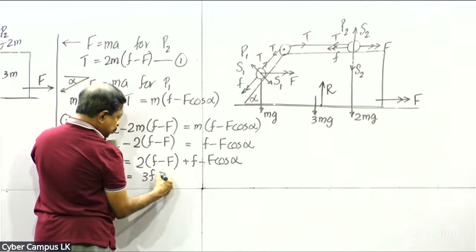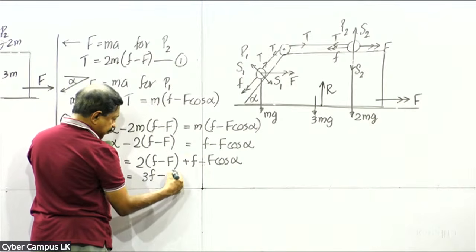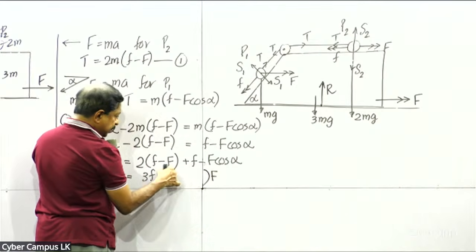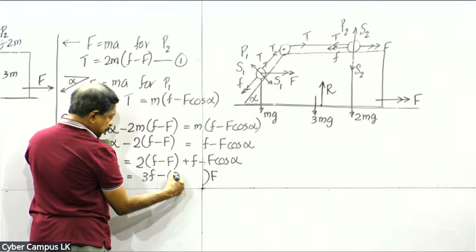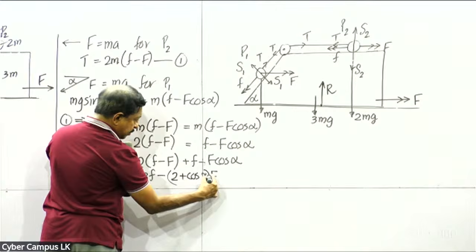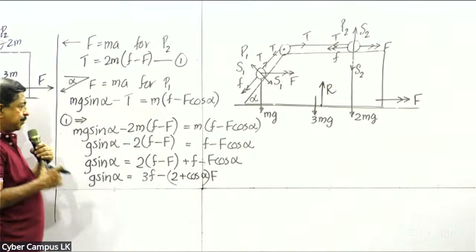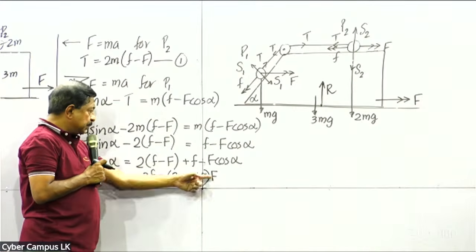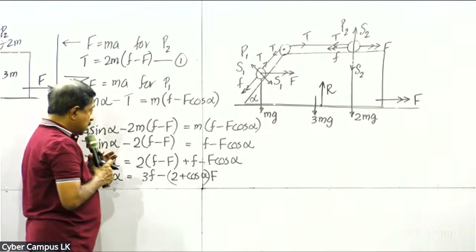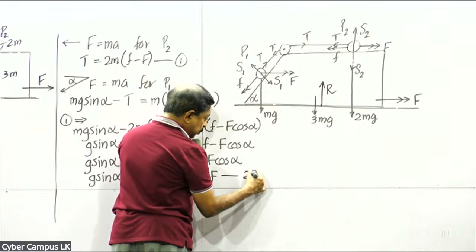From these two, you can pull out minus sign and capital F. I mean, from these two, you have 2 plus cos alpha. Minus F is common to these two, so you get 2 plus cos alpha. I label this as equation 2.